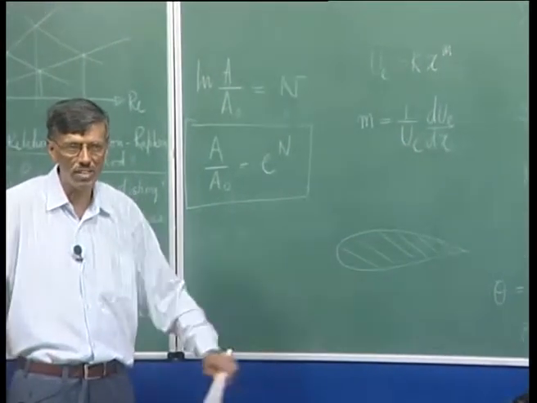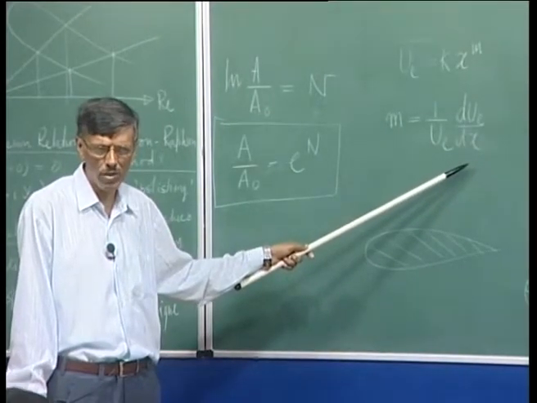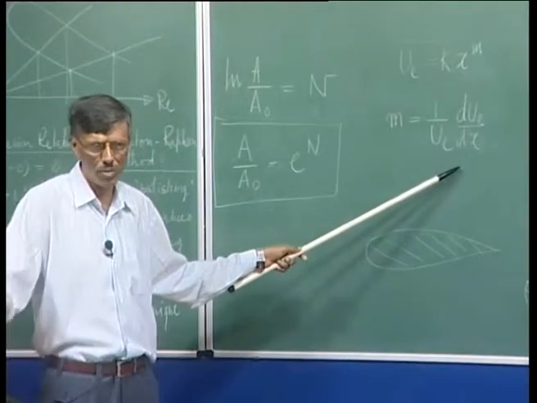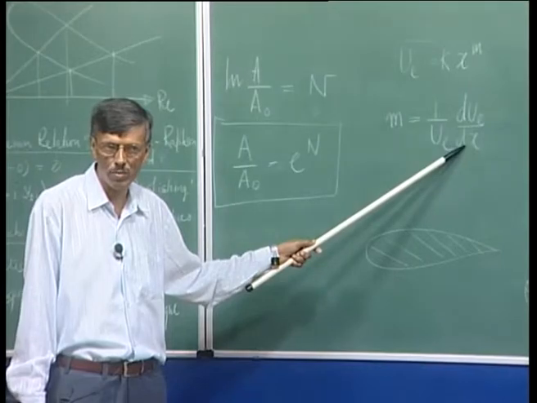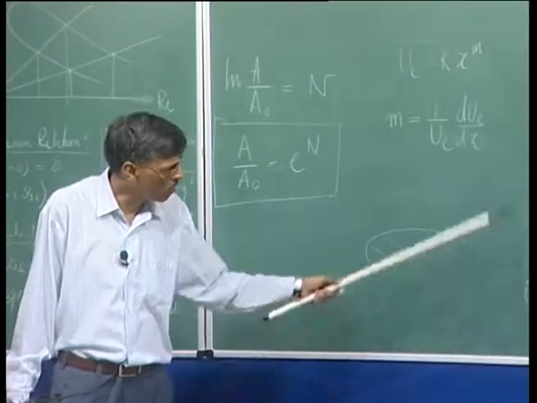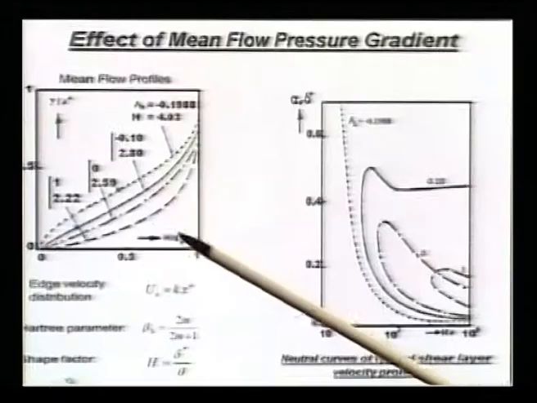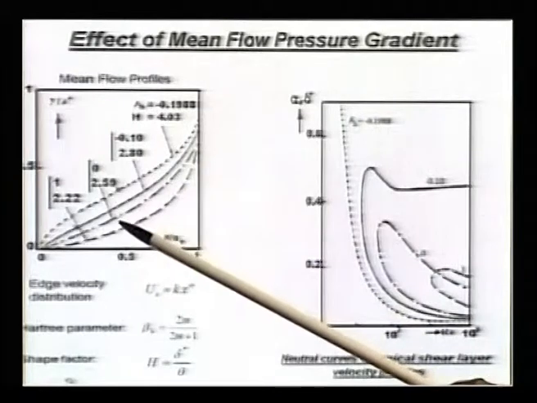It does not change, right? We can see that from Bernoulli's equation if we are looking at the outside flow. So, m equal to 0 corresponds to the Blasius profile, and the corresponding h happens to be 2.59. That is the second line from the bottom.